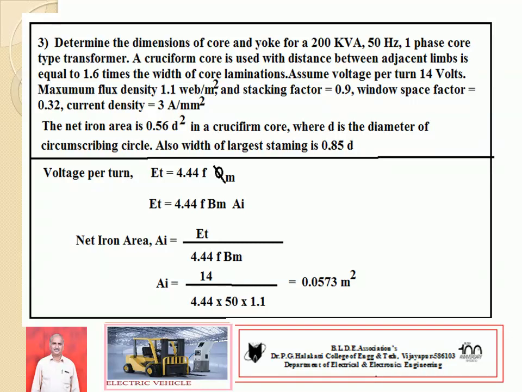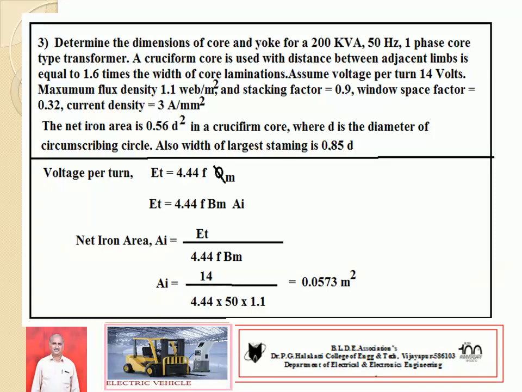Problem number 3. Determine the dimensions of core and yoke for a 200 kVA, 50 Hz single phase transformer. A cruciform core is used, with the distance between adjacent limbs equal to 1.6 times the width of core lamination.